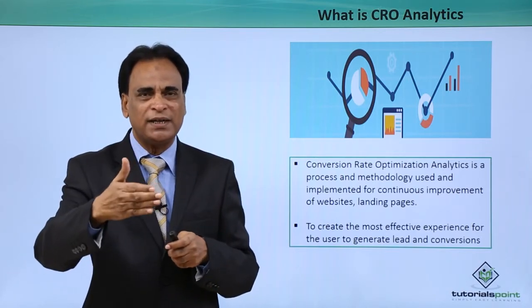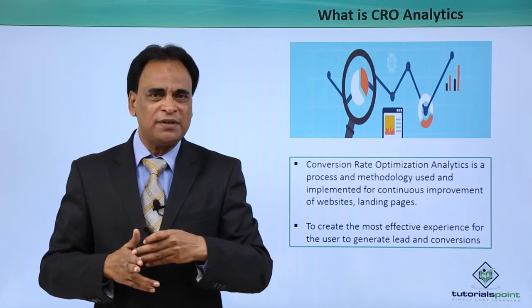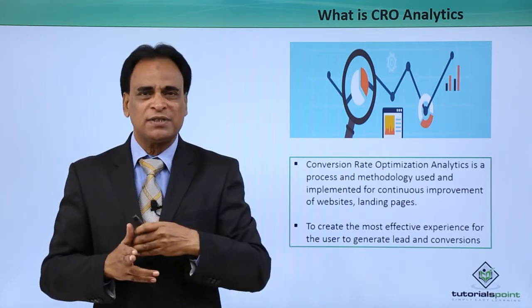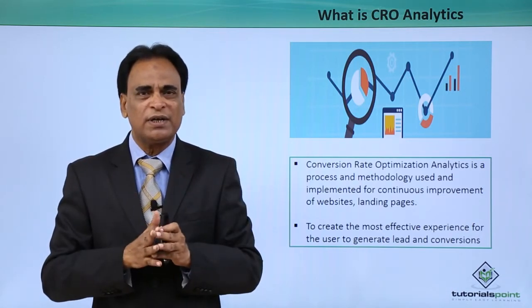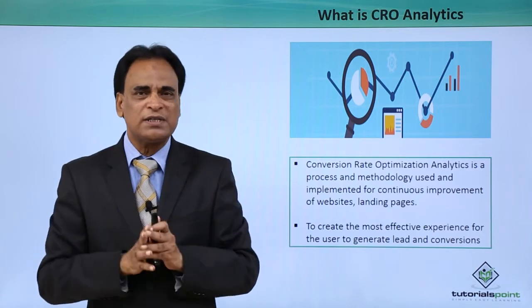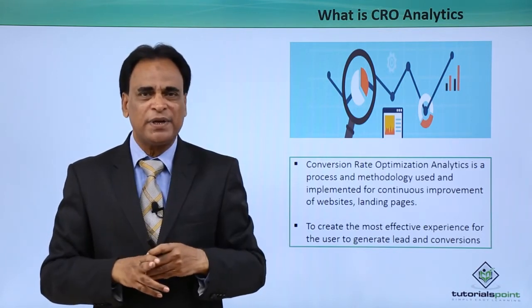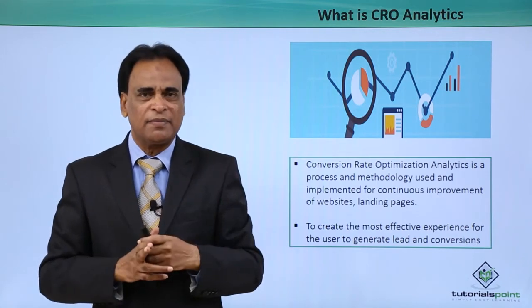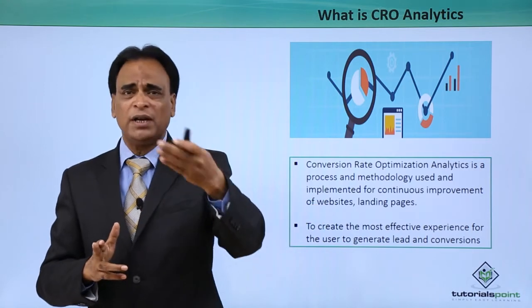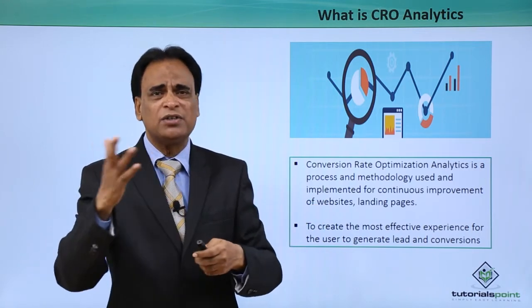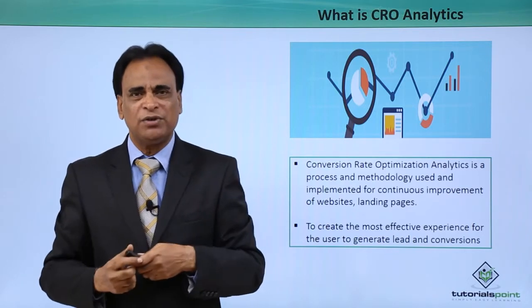If you have a website or a landing page, and it has been thoroughly tested for all the issues, it's working perfectly, there are no concerns, and you have uploaded the website and landing pages and they are live. Once they are live, they may be appearing organically, you will be doing a lot of content marketing, you may also be doing some paid advertising, and the traffic is coming to your website.